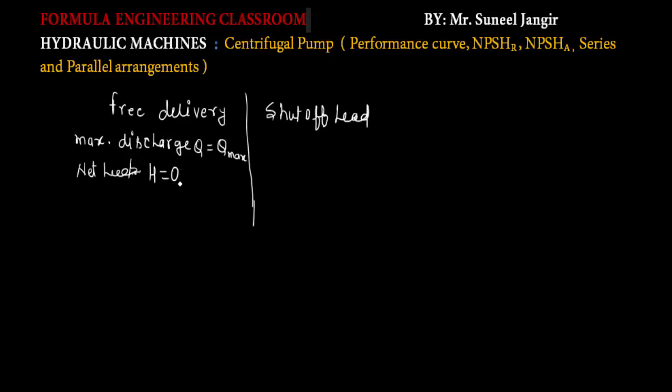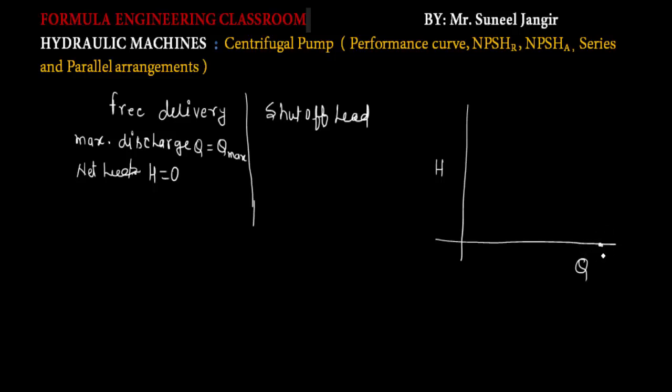In this case the net head will be 0 and the maximum discharge will occur. If we draw discharge as the independent parameter and net head as the dependent parameter, free delivery occurs when the net head is 0 and the discharge is maximum.